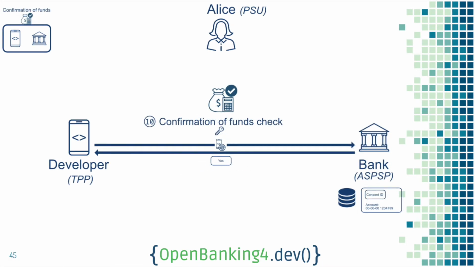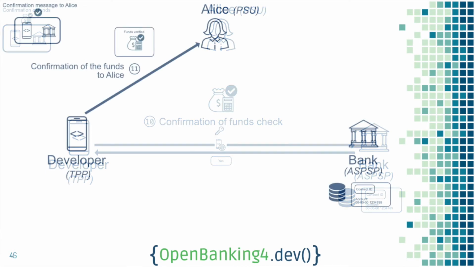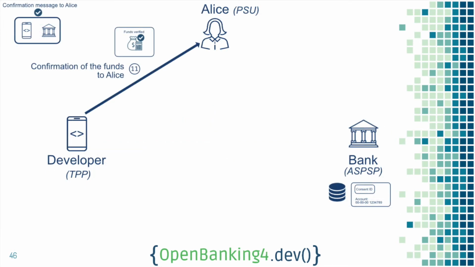You use this access token and you ask, as Alice has 20k in her account, and the bank says yes or no. And you can say to Alice, I've verified you've got enough funds. It could be for an insurance policy, or for immigration as well. There are plenty of use cases where you don't really want to be an AISP, but you just want to be able to verify she has enough funds in her account.